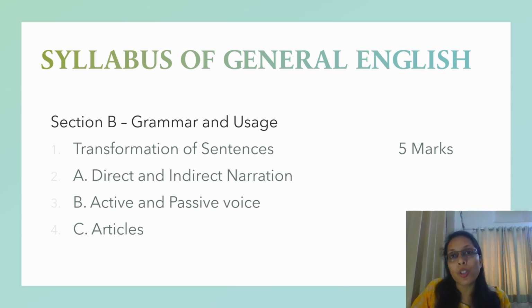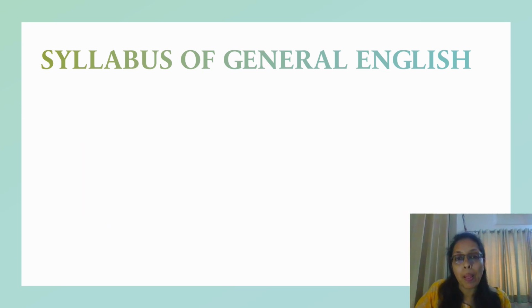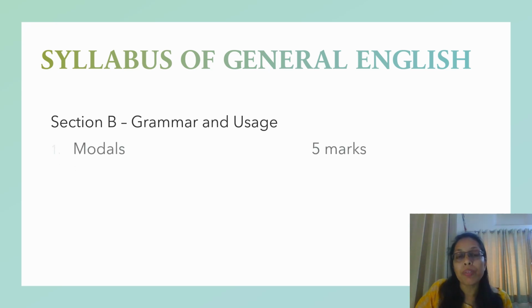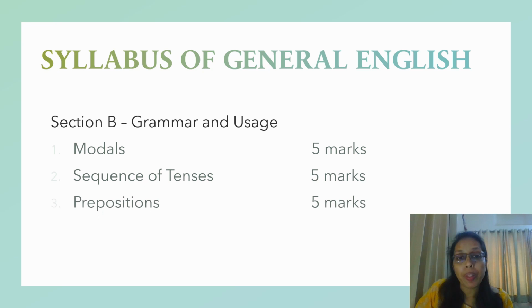So all these 3 topics will be of 5 marks. And in section B only, grammar and usage, there are certain other topics that are covered. The other topics are modals, which will be of 5 marks, sequence of tenses 5 marks, and prepositions 5 marks. So section B cumulatively consists of 20 marks.